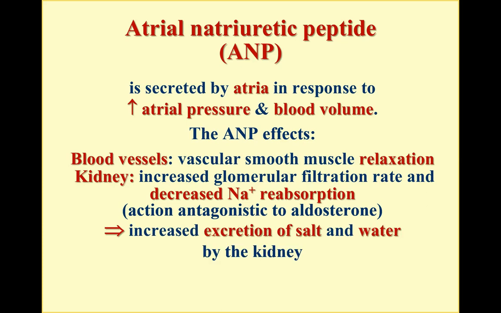And as a result, salt and water are excreted by kidney in higher amounts than usual. So when atrial pressure is increased, which corresponds to high pressure level, and blood volume is high, excretion of salts and water makes the blood pressure and blood volume return back to normal.